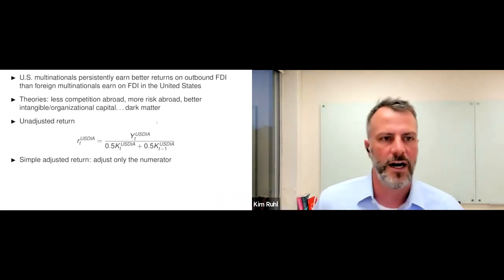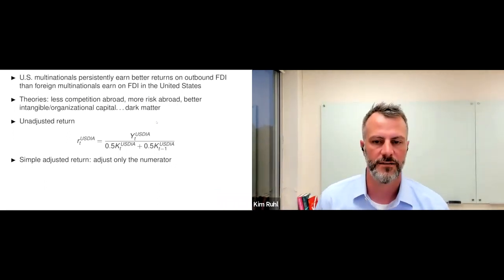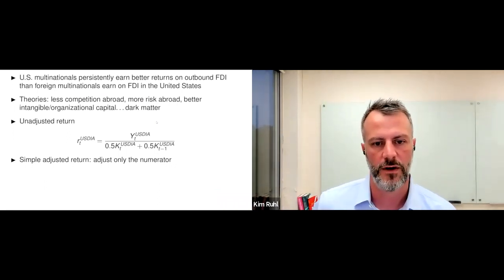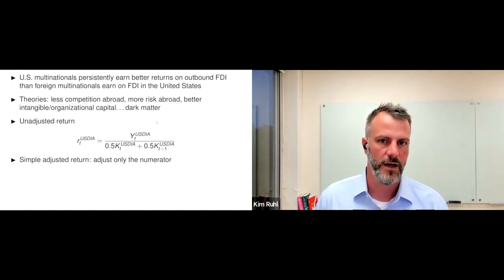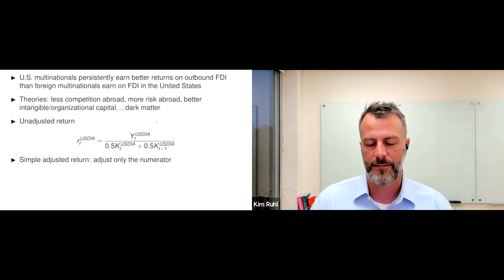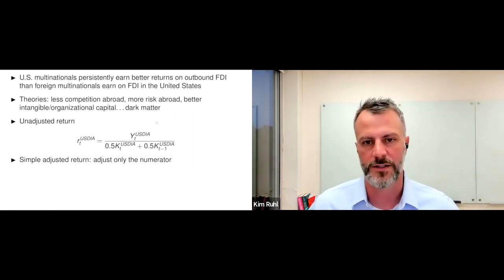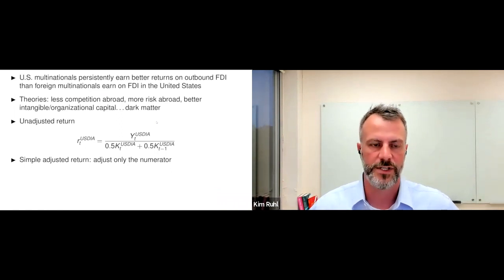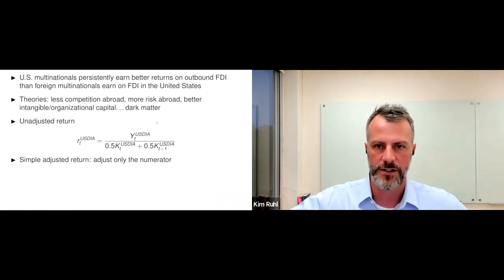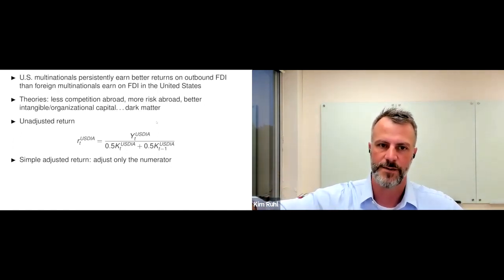So now moving on to direct investment. This is someplace where this kind of calculation is going to have a lot of bite. There's been a kind of FDI return puzzle, people have talked about in the literature, which says that US multinationals persistently earn better returns on their foreign direct investment abroad, right?